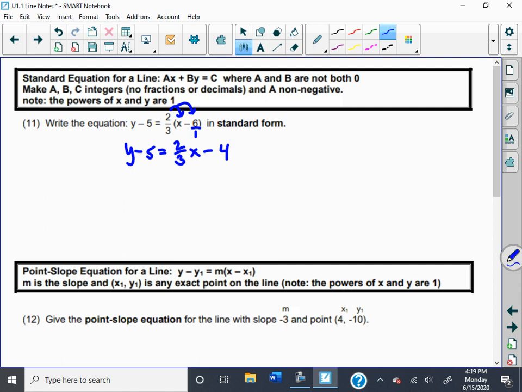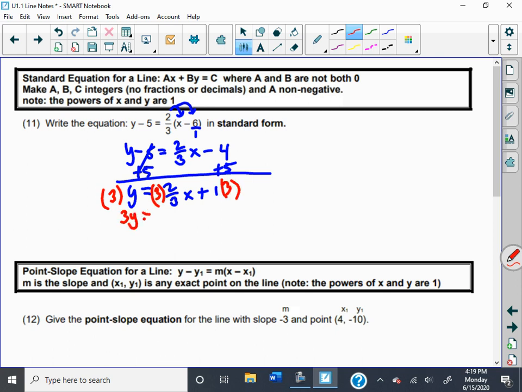Now we can add the 5 over, because we can combine like terms. So y equals 2/3 x plus 1. We want to get rid of fractions, so I'm going to get rid of the fraction 2/3. All I have to do is get rid of that denominator 3 by multiplying everything by 3. 3 times y is 3y.